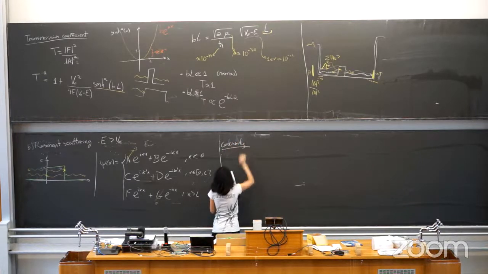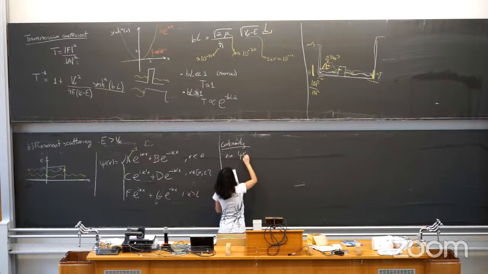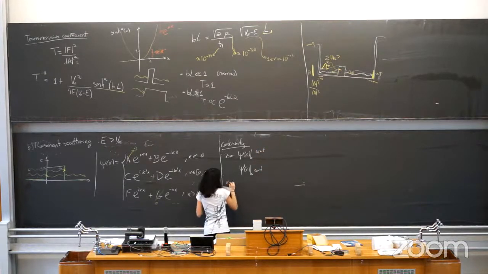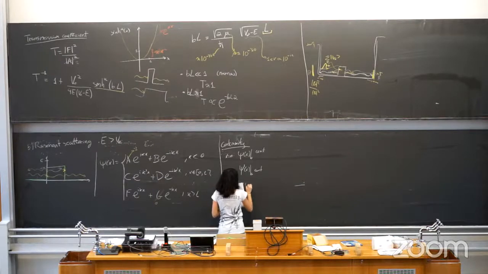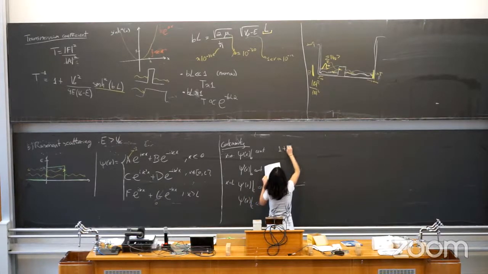So at x equals 0, and x equals L. From the first one, we get that 1 plus B equals C plus D, like before.